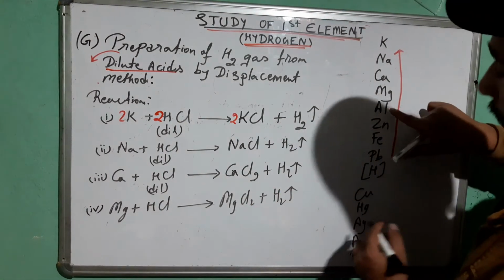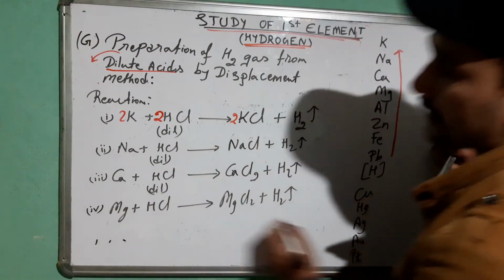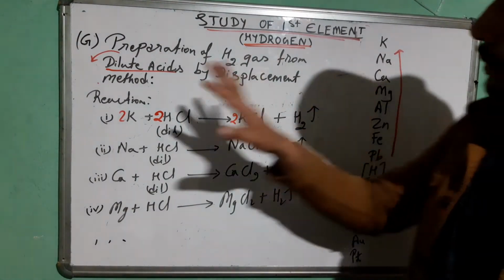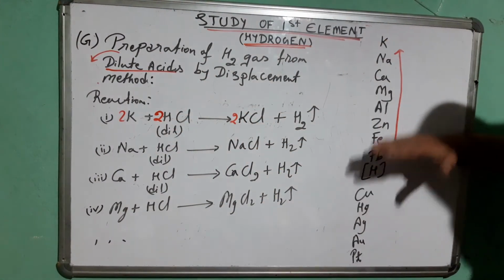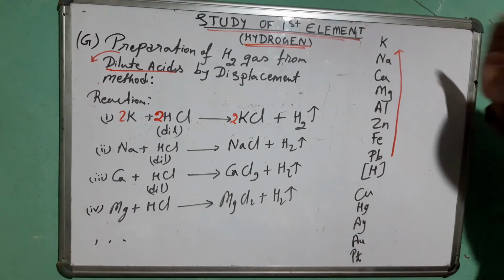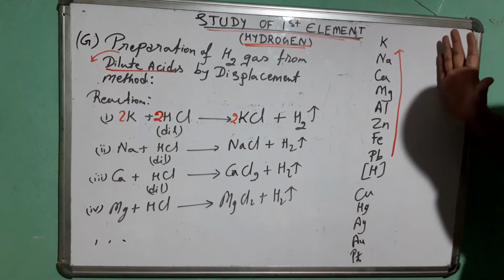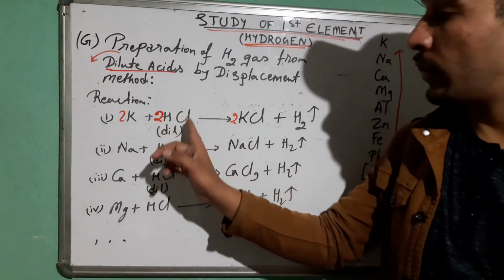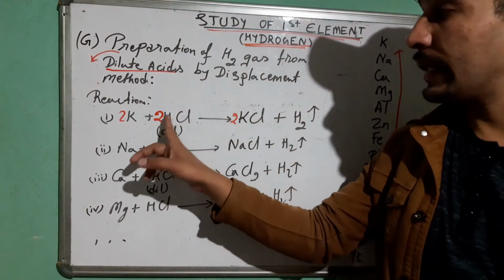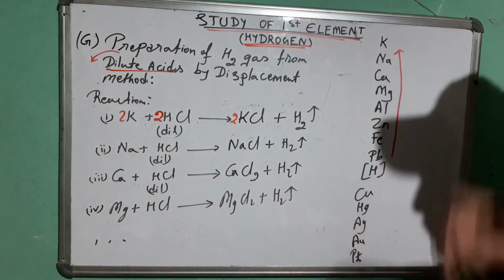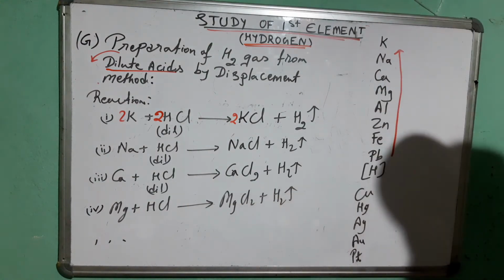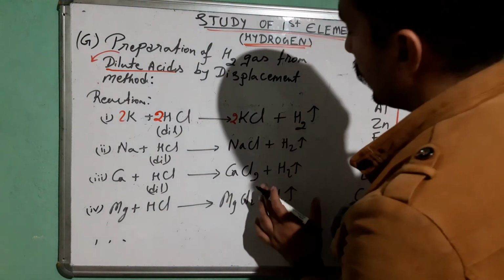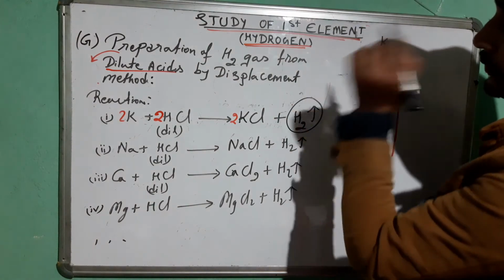Next, you have aluminum. You can do this type of reaction. So metals which lie above hydrogen have the ability to remove or displace hydrogen from dilute acids like HCl and H2SO4. So in this way also you can prepare hydrogen gas.